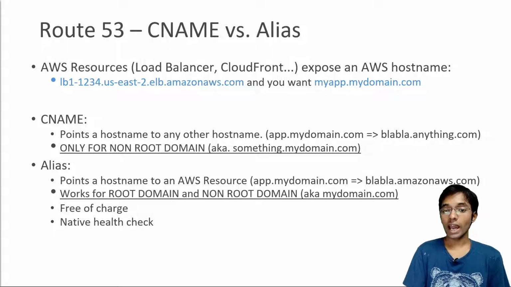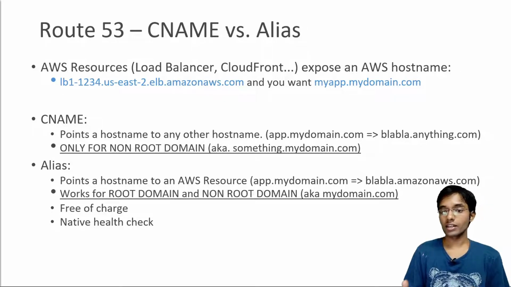So an alias record is different. How is it different? It points to a hostname only for a specified AWS resource. So it's app.mydomain.com pointing to something.amazonaws.com. It must be a resource from AWS, and this works for a root domain and a non-root domain. So it works for mydomain.com, and it's free of charge.